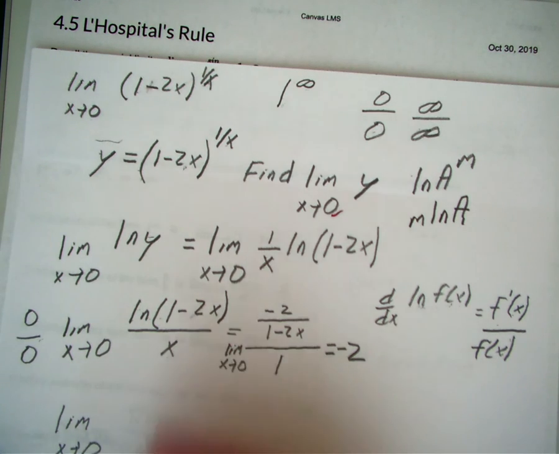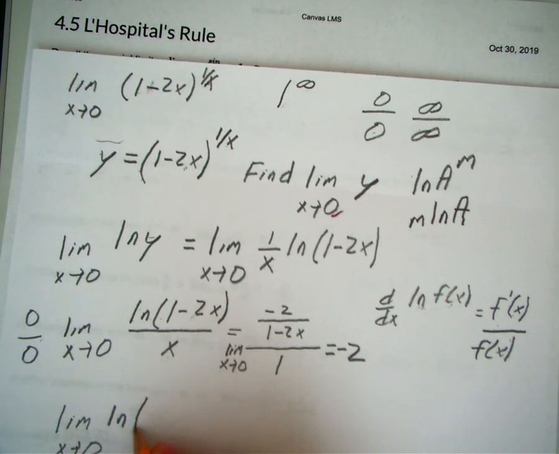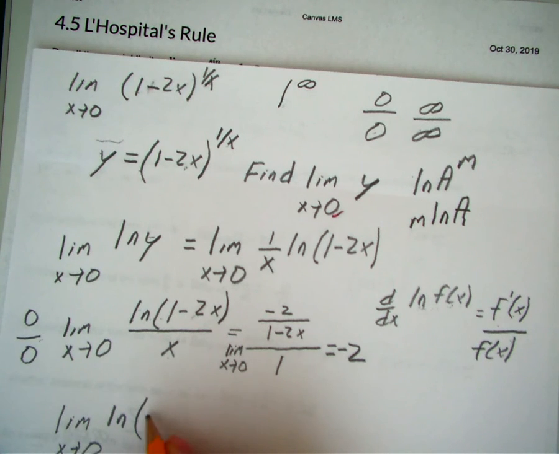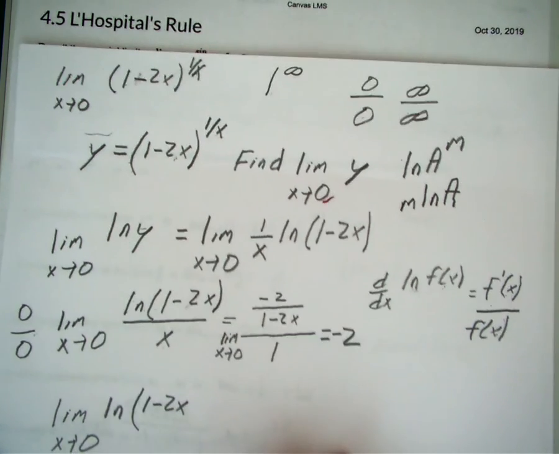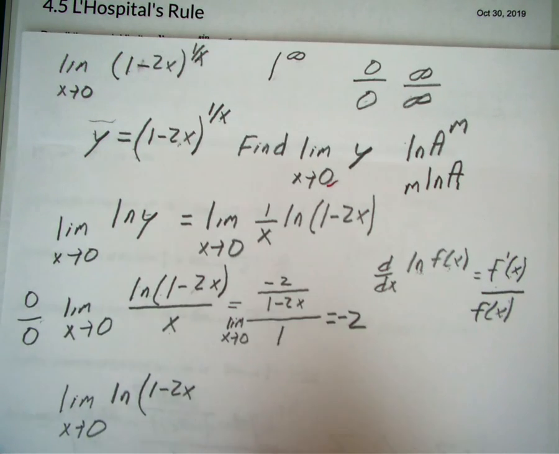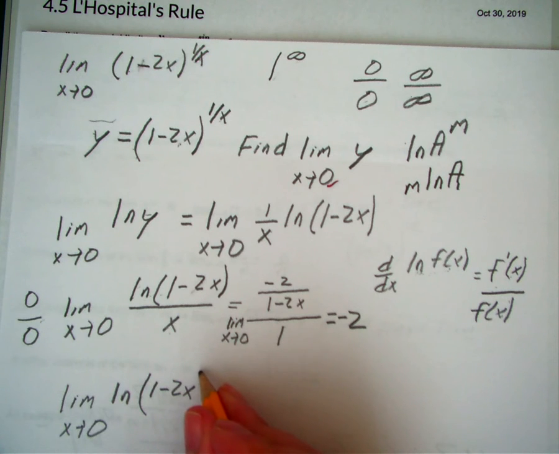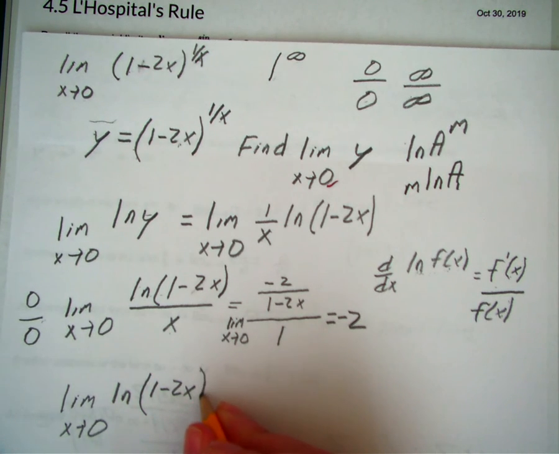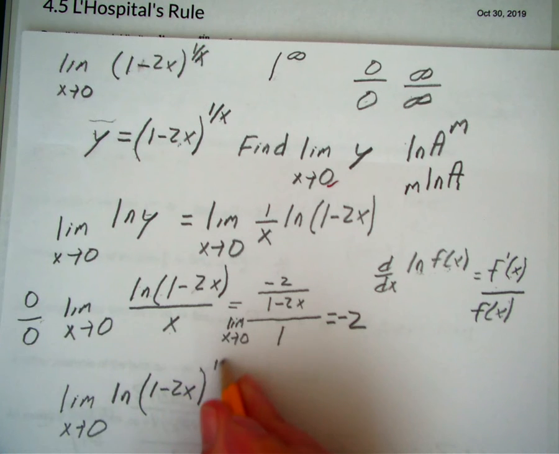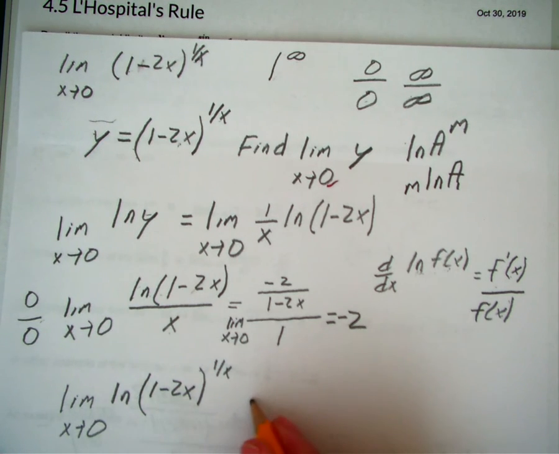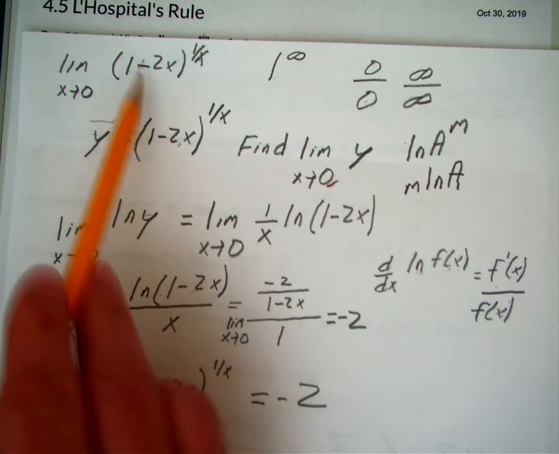What we've just proven is that the limit of the natural log of 1 minus 2x, raised to the 1 over x, is minus 2. That's what we've just shown, but we were interested in this other limit, right?